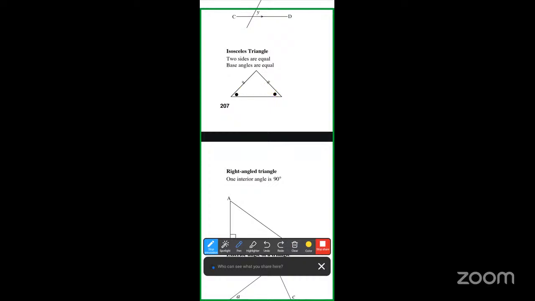Therefore, we conclude by saying these angles are equal. Angle A is equal to angle B. Just like that. Then the reason being angles opposite equal sides. That's what you need to know with an isosceles triangle.